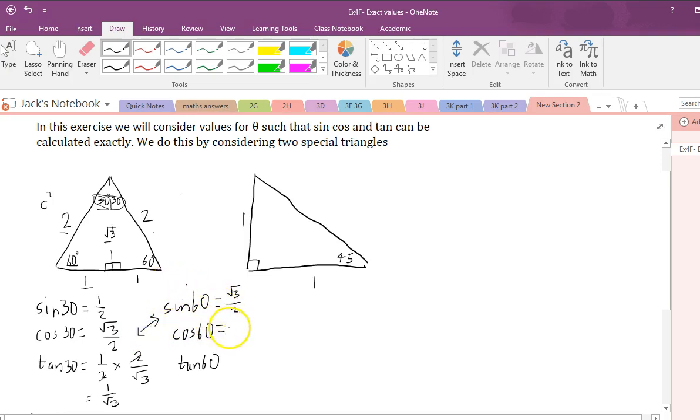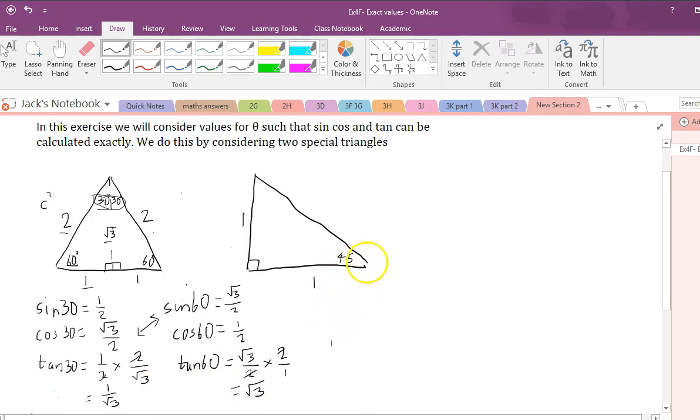Cos 60 would be 1 on 2, which is the same as sine 30, so there's a bit of a pattern there. And tan 60 would just be root 3 on 2 divided by a half, or multiplied by 2 on 1. So it's equal to root 3, which is just the inverse of tan 30.